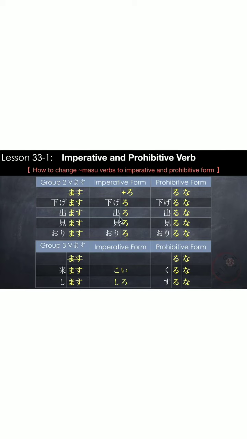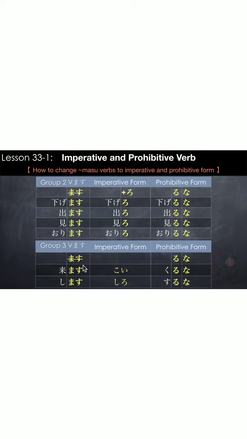It becomes dero. And deruna, go out or don't go out. Next is mimasu, meaning to look. It becomes miro, look, or miruna, don't look. Next is orimasu, meaning to get off. It becomes oriro, meaning get off. And oriruna, don't get off.